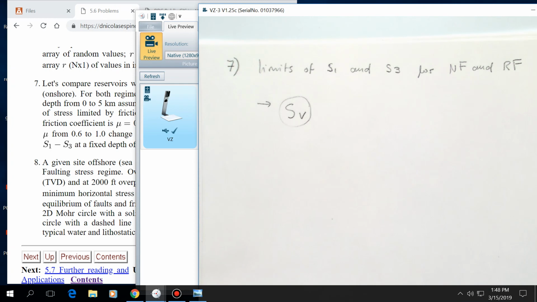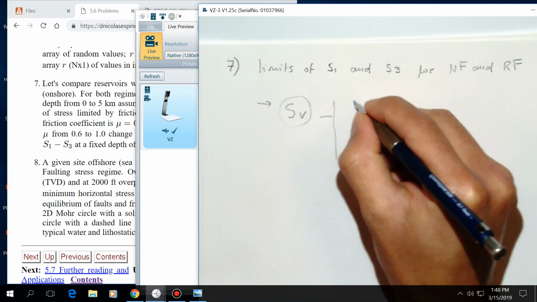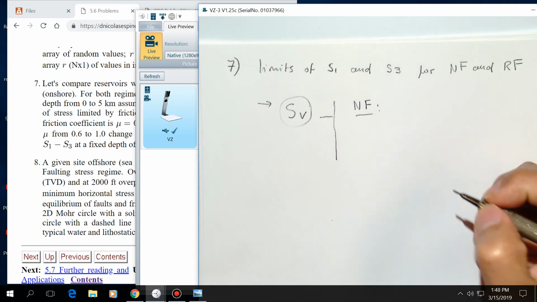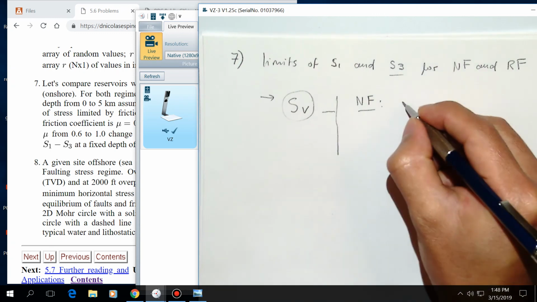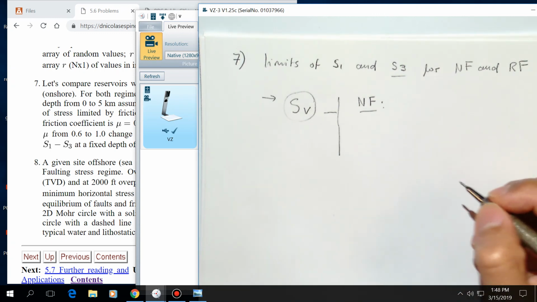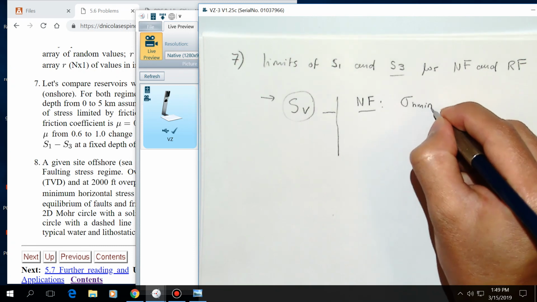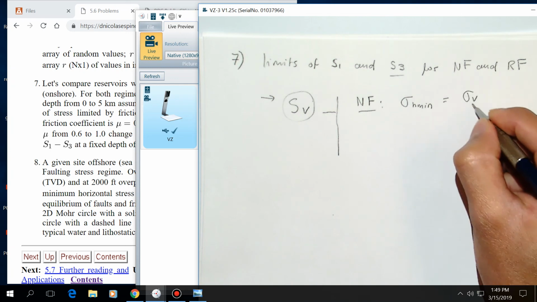Relatively easy to compute. So if you are in normal faulting regime, SV is going to be S1, right? And what is going to be S3? So if you're in normal faulting and you know the vertical stress, assuming that the faults are at shear failure, you're going to be able to calculate sigma h min with this equation.